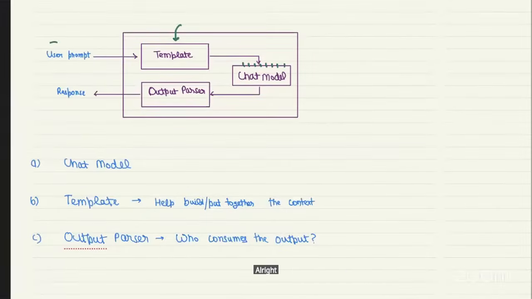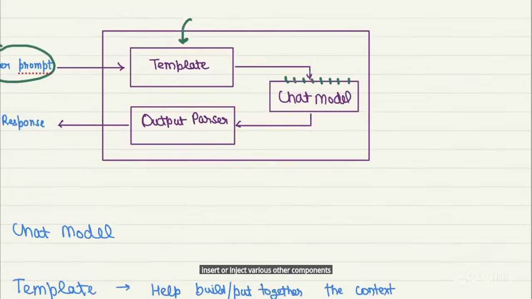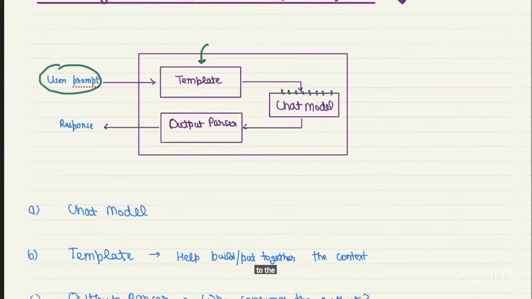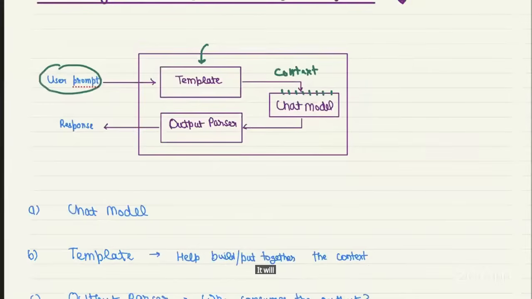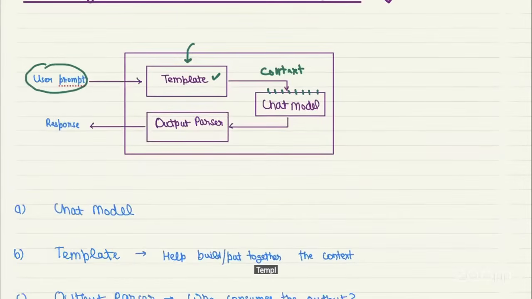In a single conversation, when you pass the user prompt, the template, or the context builder, is going to inject various other components like the system prompt and historical messages into the user prompt, so that the context defined by the context builder should never exceed the context window. If it exceeds the context window, the large language model is simply going to throw an error. Yes, as somebody has clearly mentioned, template is the other name for context builder.